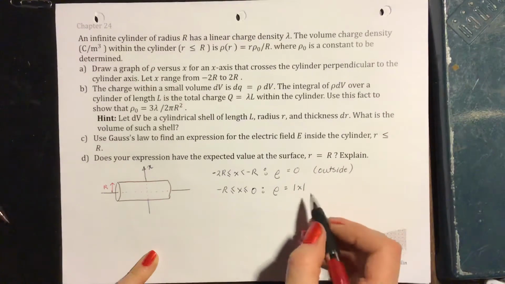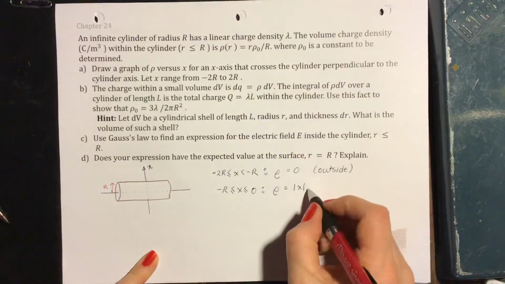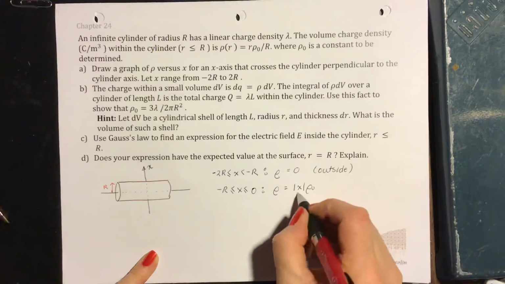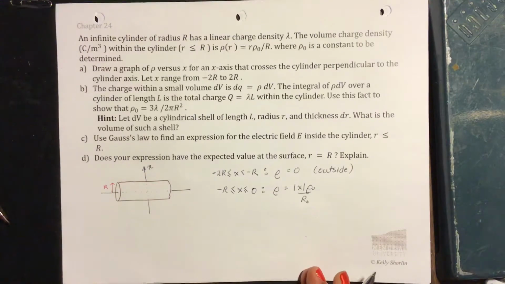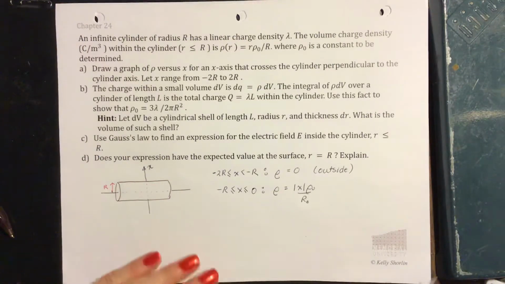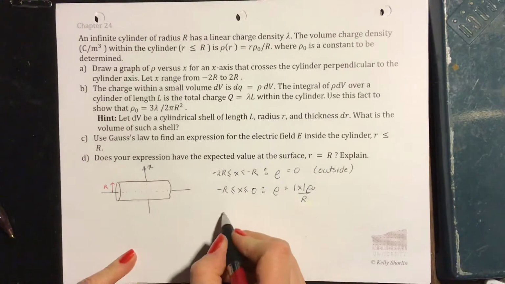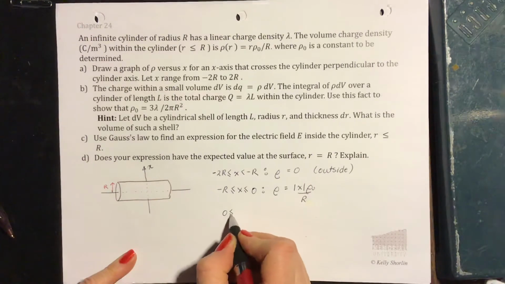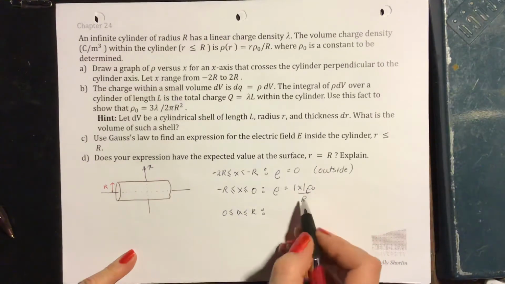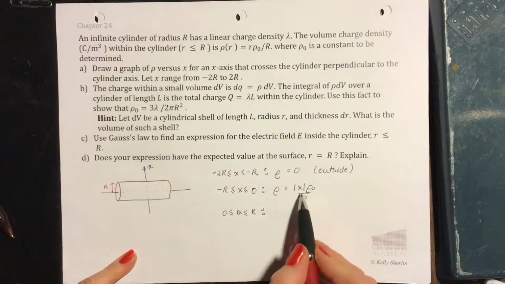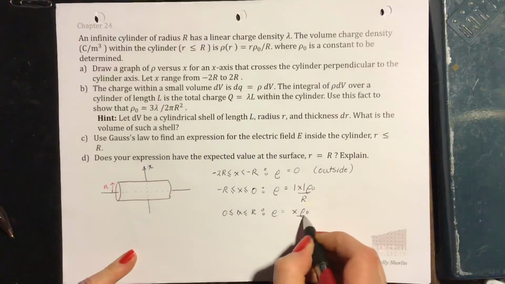So that's what we'll put in for our r, our distance from the midpoint, times our constant, rho naught, divided by the radius of the cylinder. So that's what the density is when we're inside the cylinder on the lower half. When we're inside the cylinder on the top half, so x between 0 and r, our density is going to have the same expression, but we can drop the absolute value sign if we wish, because our x will be positive, which will give us a positive density.